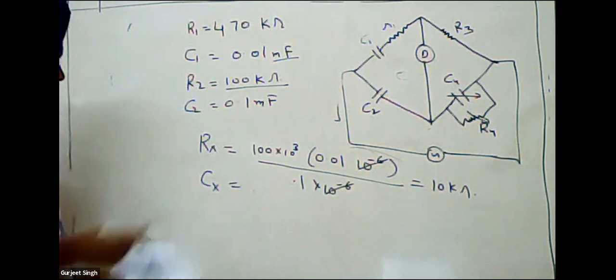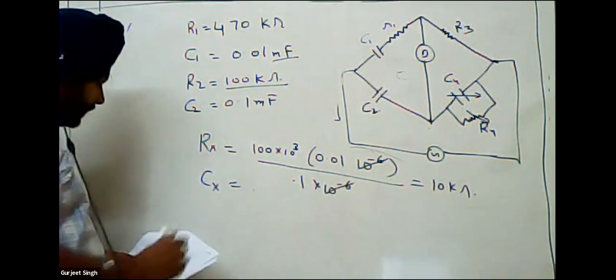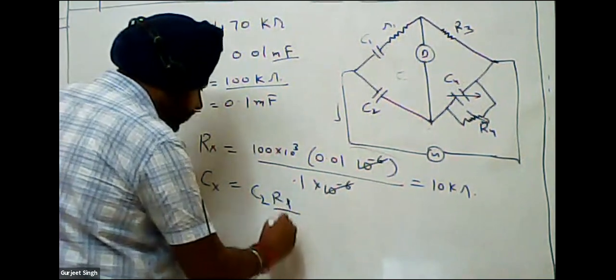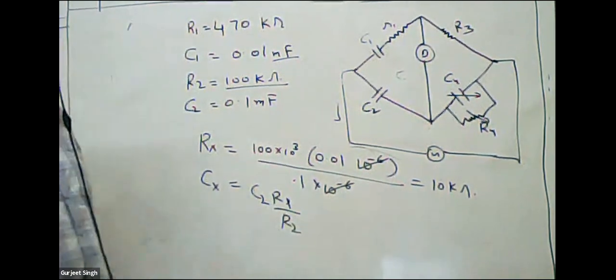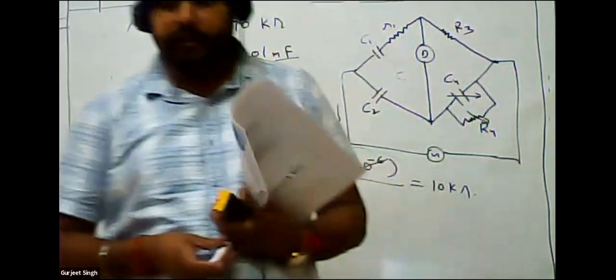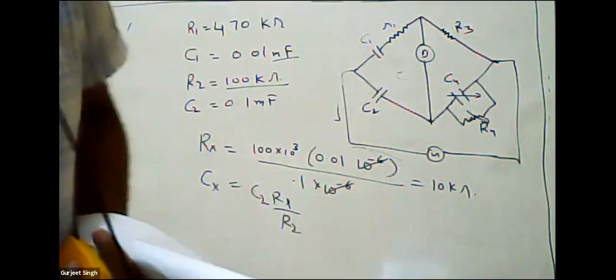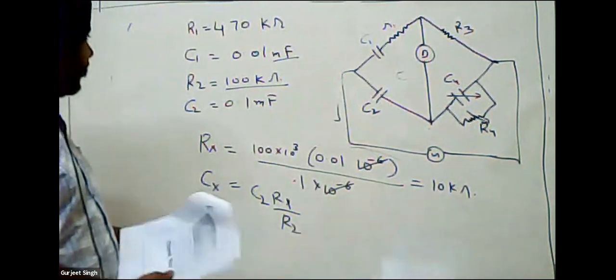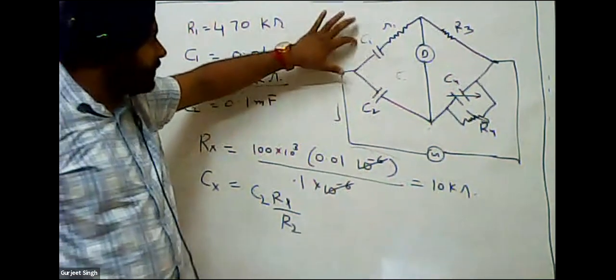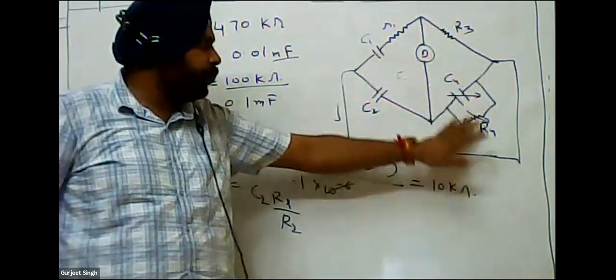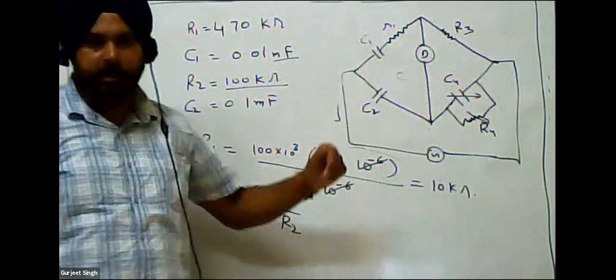Similarly, we will find the value of the unknown capacitance. Simply put the values of C2, R1 and R2. And students, don't be confused with the diagram, where you have C1 here, R1 here, R3 here, C4, R4 here, C2 here.